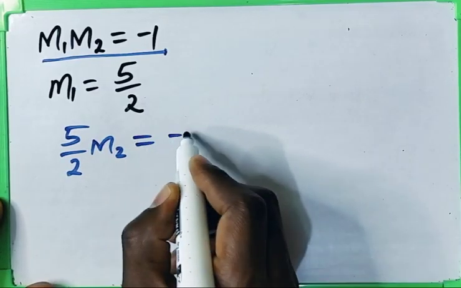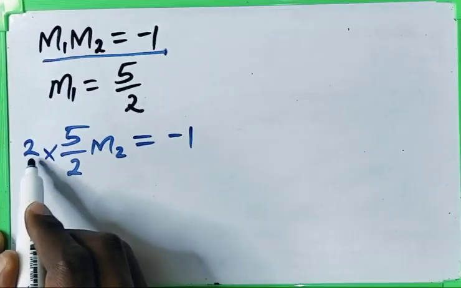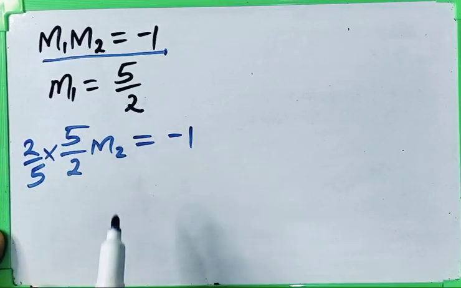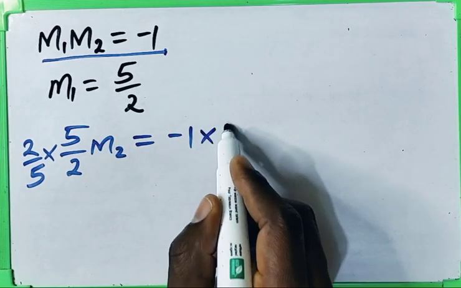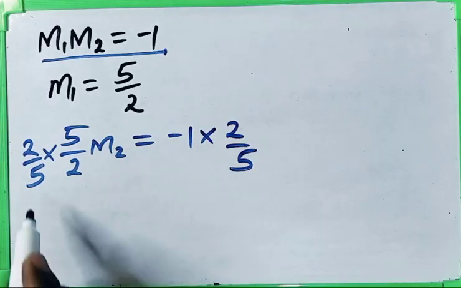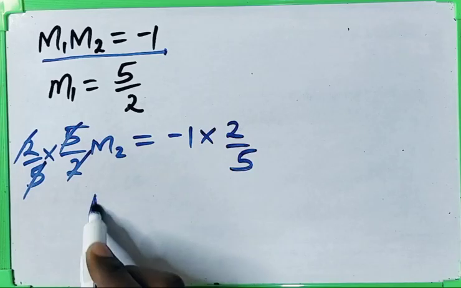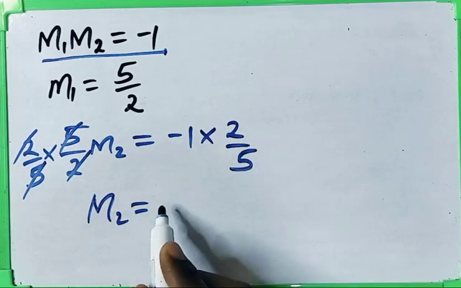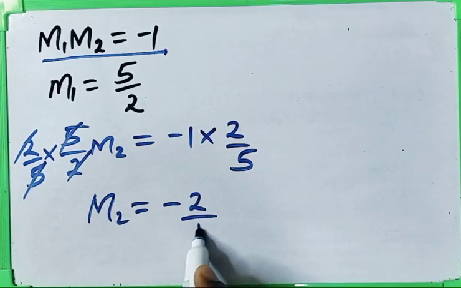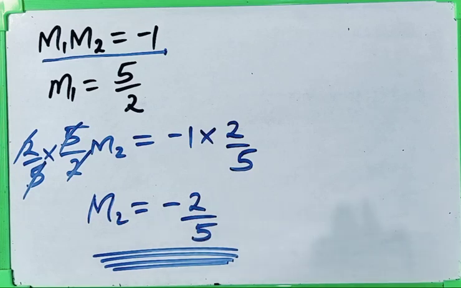Let us multiply both sides by 2 over 5, because we want to remove it and remain with m2. On both sides we multiply by 2 over 5. 5 cancels with 5 and 2 cancels with 2. We remain with m2 equals negative 1 times 2 over 5, which is negative 2 over 5. That is the gradient or the slope for the second line, m2. See you in the next video.